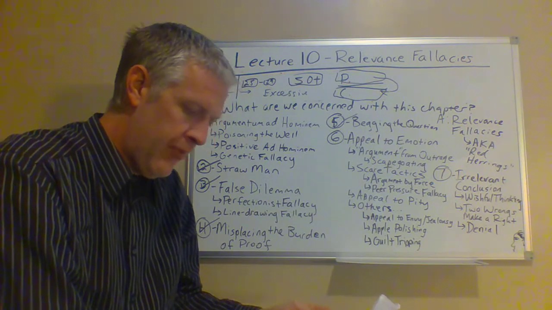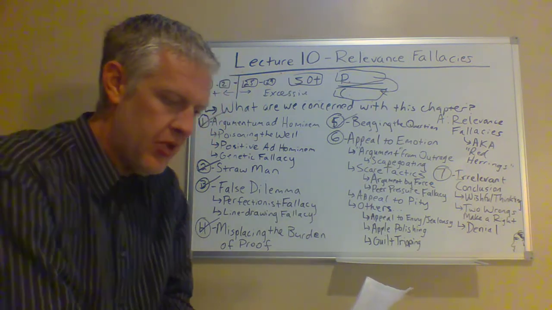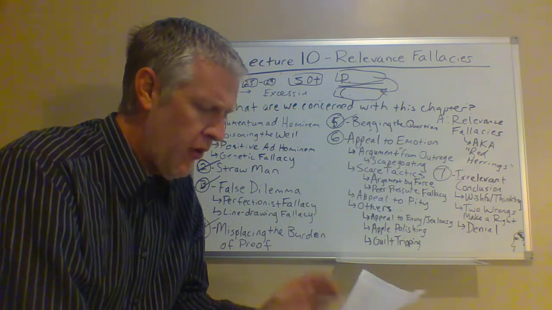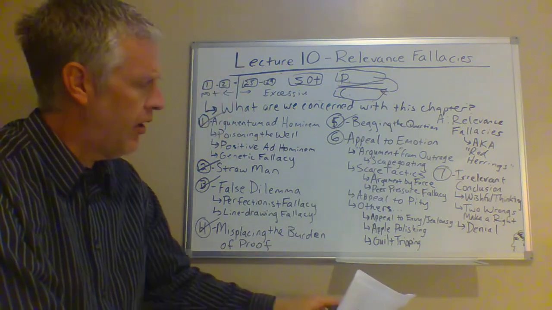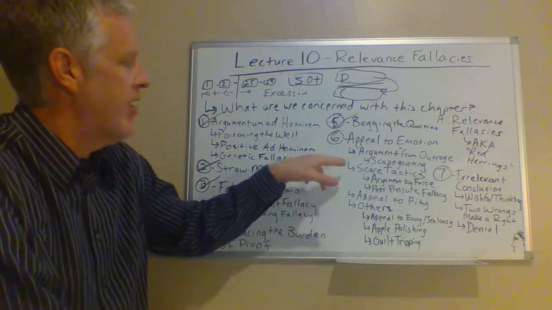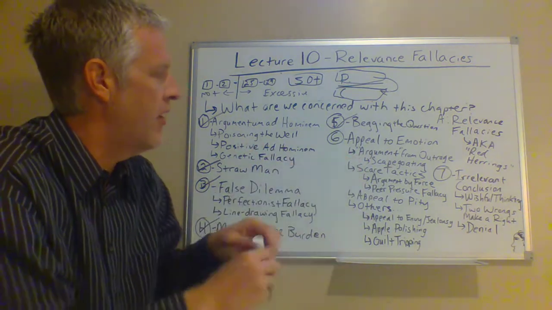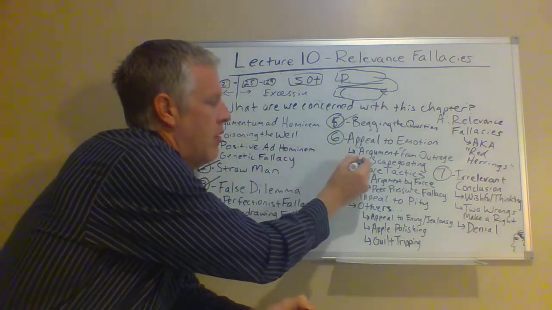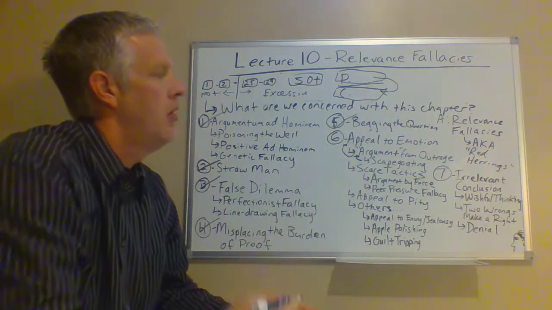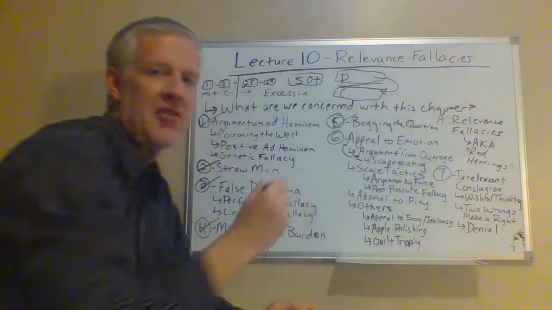Okay. What's more, this comes from page 186 of the 10th edition. The bottom bullet point, I meant to say, on slide 18 talks about, and I'll mention this very briefly, a type of argument from outrage, which is a type of appeal to emotion, which again is a type of relevance fallacy.